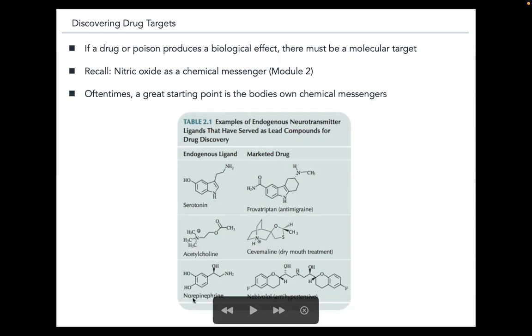And then of course norepinephrine has its marketed drug affiliated with that as well. You're like, yeah, Kyle, this doesn't seem obvious, the jump from norepinephrine to this compound here, but we're going to talk a little bit about those design principles probably sometime next class.